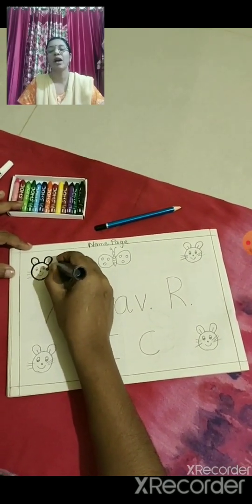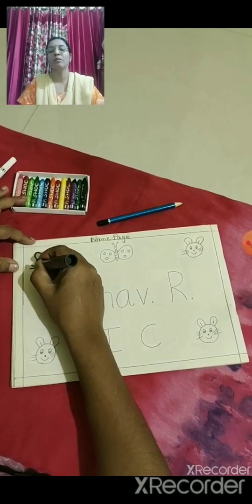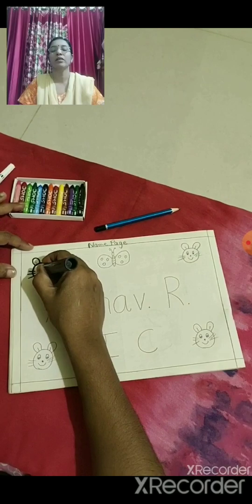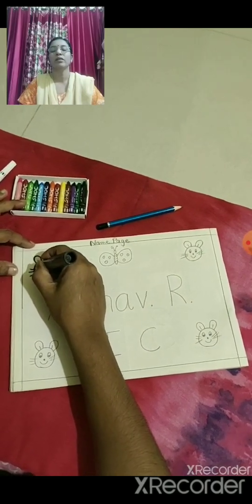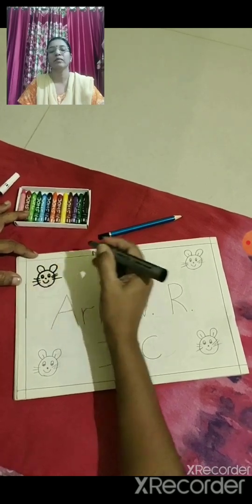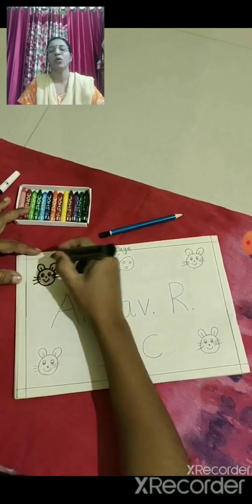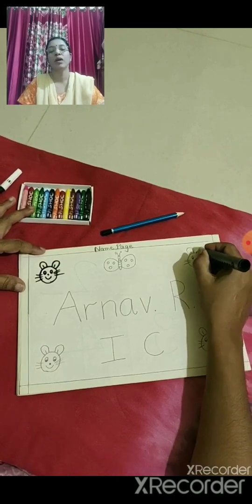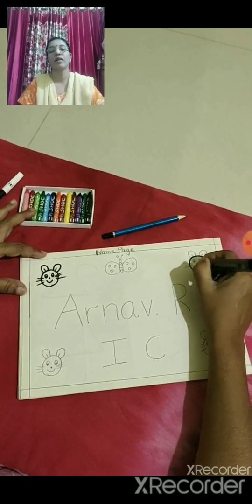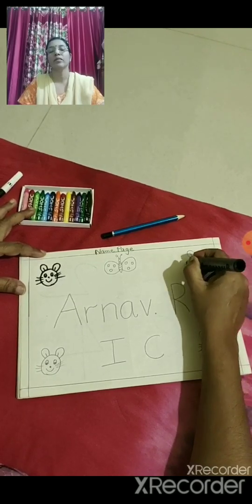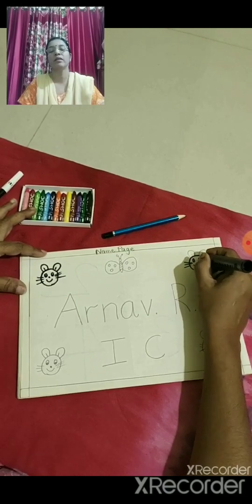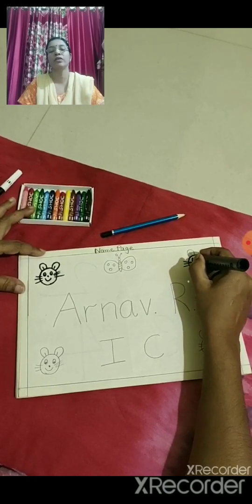Now I am giving the outline to the bunny rabbits. Black color outline. Yes. Slowly you are going to give the outline. Two bunny rabbits outline we have finished.